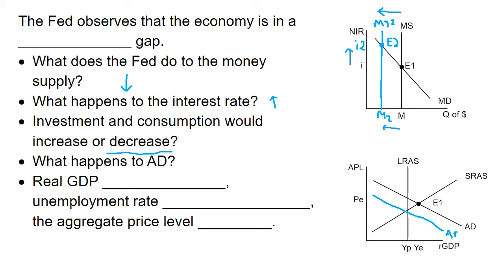That gives us an AD2, E2, YE2. And remember, we are not shifting YP because YP is connected to LRAS. And if LRAS didn't shift, YP didn't either. And then PE2 here.